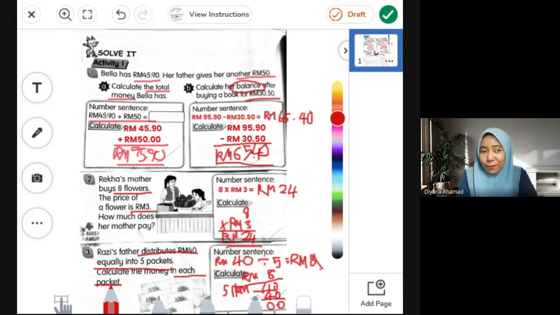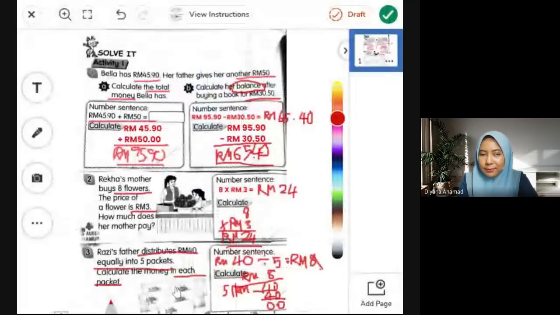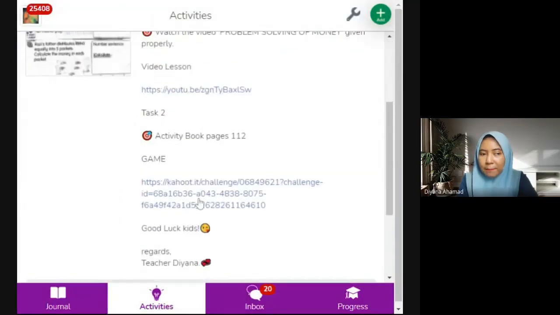After you are done, you can submit to me. And what the teacher prepared for you is also a game. After you finish the work here, you can go and play the game. Now, you can go to Seesaw here. I prepared the game here.